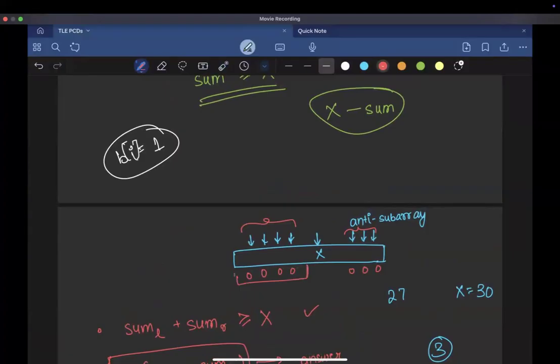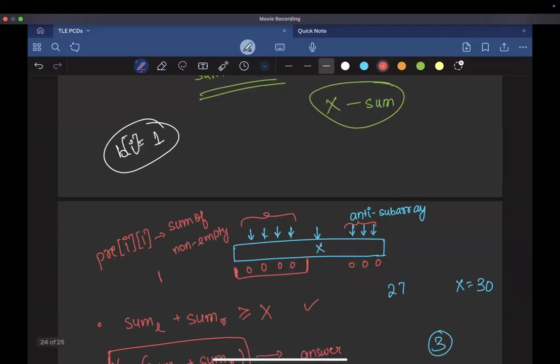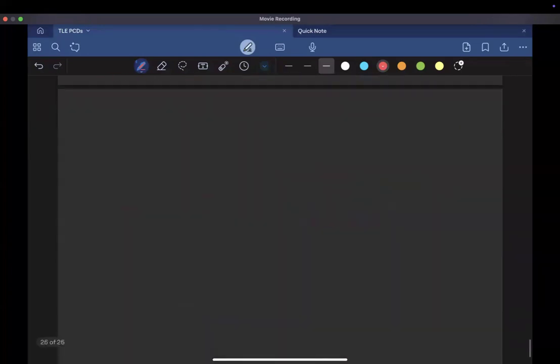Like I can apply DP here such that, let's say, pre of I tells me the sum of any non-empty subsequence of the prefix of length I, or maybe I will write it at the other place.